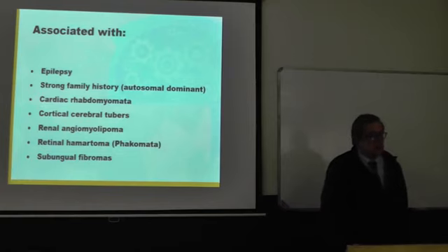So it's associated with a very strong family history because it's autosomal dominant, although 50% may be spontaneous. They may have cortical cerebral tumors. They may have renal abnormalities. They may have hamartoma in the retina. They may have fibromas under the skin of the nails.